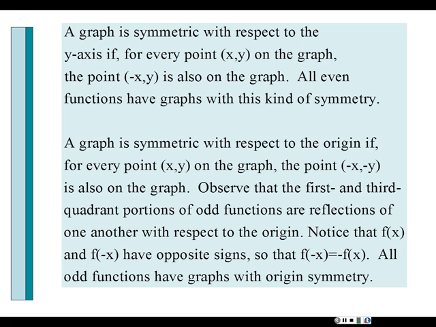That means if there is a point (x, y), there will be another point (-x, y). Let's say there is a point (3, 4). So what is the other point you are expecting? Negative 3, 4, right? That must be in the graph, because that will be on the other side, right? Because that is symmetric.